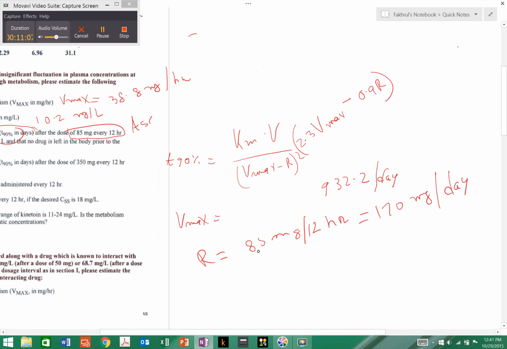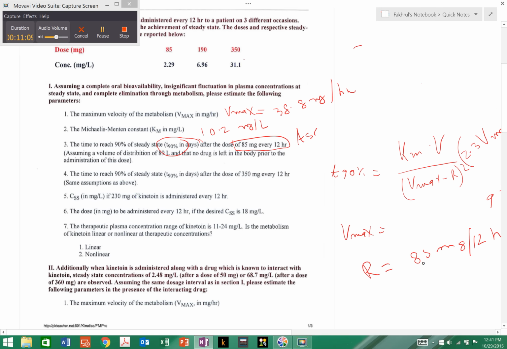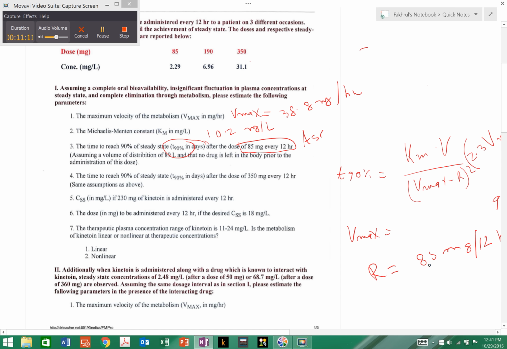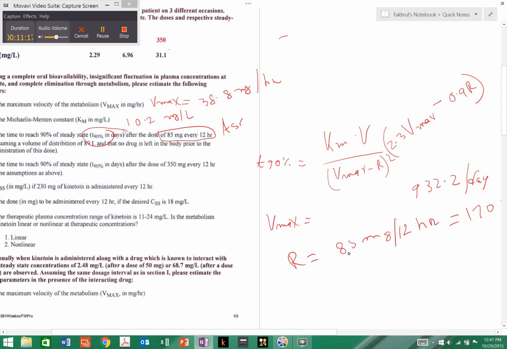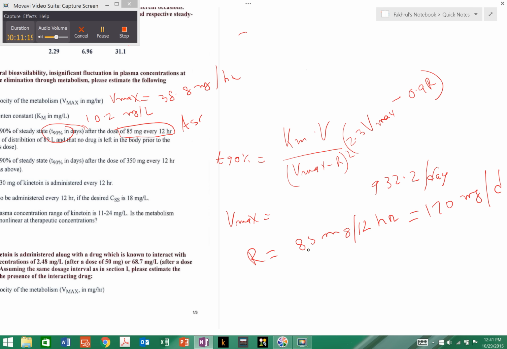So these two changes we have to make, because this T90% is asking for the value in days. T90% has to be in days. So we know what is Vmax, we know what is R, and now we have to put together everything.